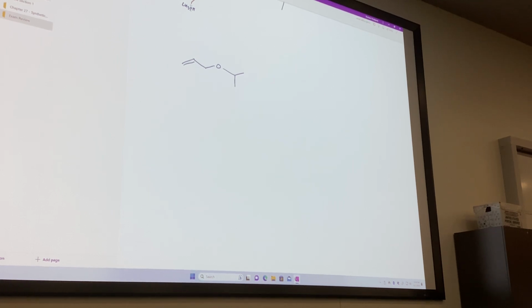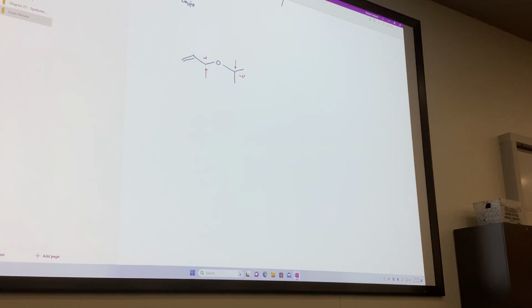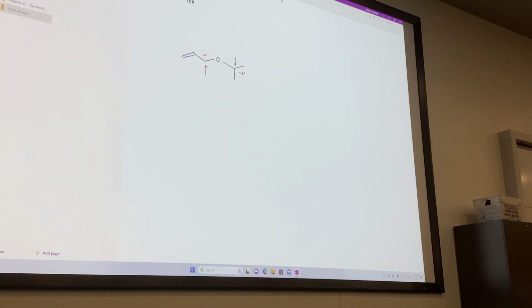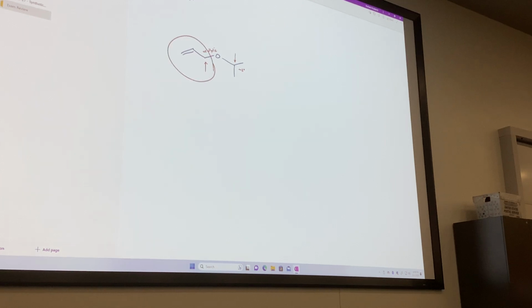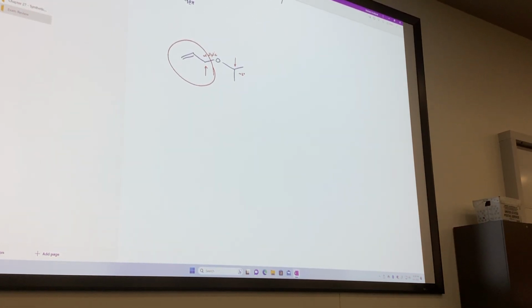I'm looking at this position and that position, and that's a pseudo-secondary, and this is a pseudo-primary, but it's not just a pseudo-primary, it's a pseudo-primary allylic. We could do the same thing with benzylic. So this would be our more stable carbocation, so that's where our carbocation would form, and the other side would form our alcohol as a result.